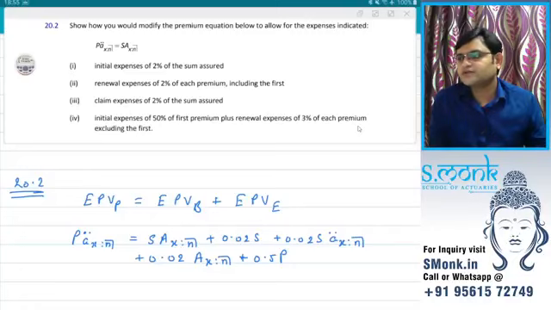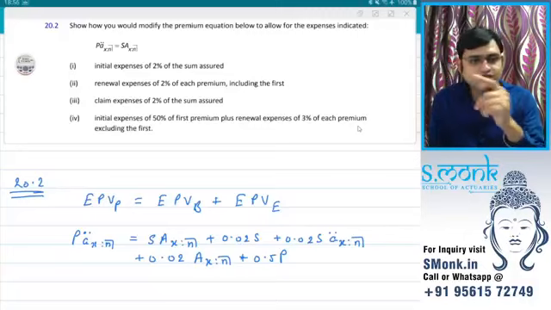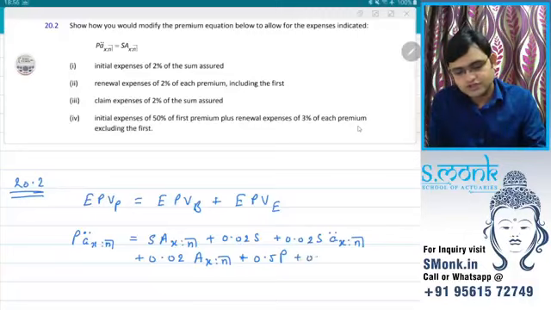So they are saying 50% of the first premium plus renewal expense of 3% of each premium excluding the first. Here you can see excluding the first, so 3% of each premium, a-due x:n minus 1.